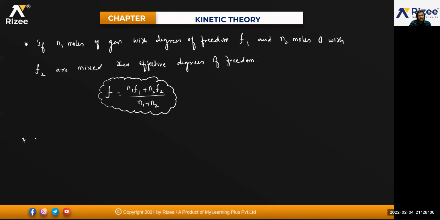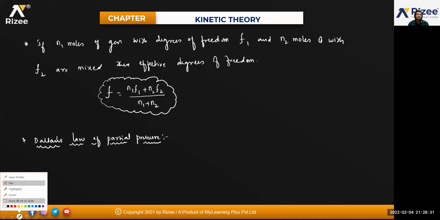And one more important thing, which you might have already studied in chemistry in states of matter, is Dalton's law of partial pressure. What is Dalton's law of partial pressure? If two or three gases are mixed in a container, the pressure exerted by each gas will be different.